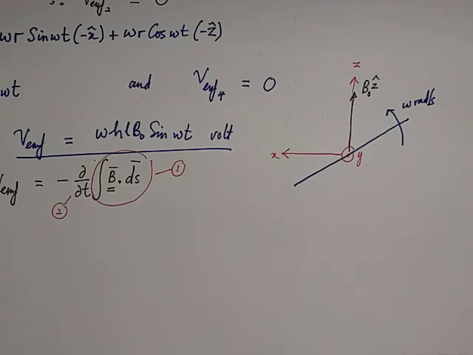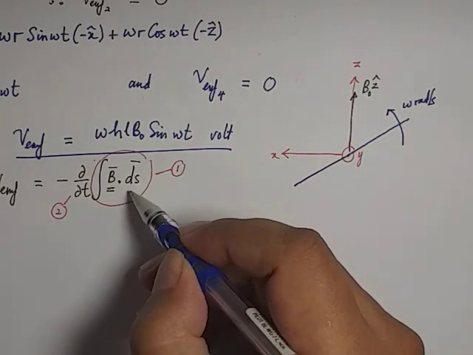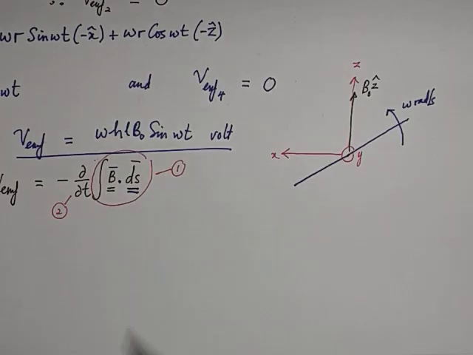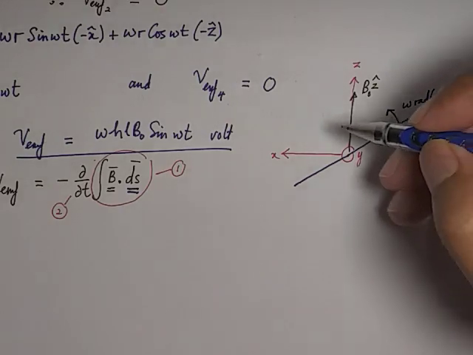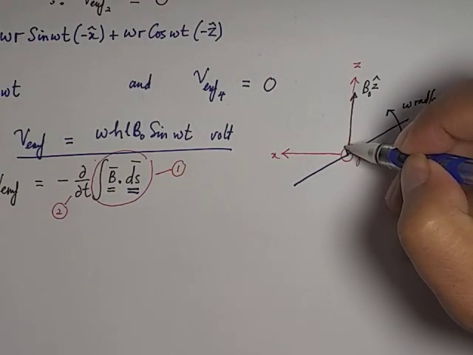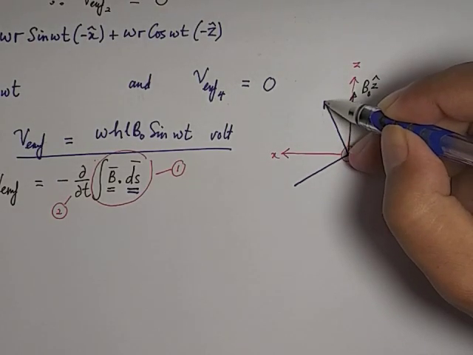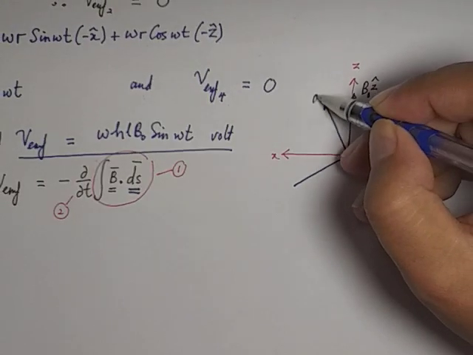Now I'm going to determine this ds. ds will be the surface vector of the area, and that area should be the area bounded by the loop. So how do I draw the vector? Good, the vector is going to be drawn as such. So this is my vector ds.